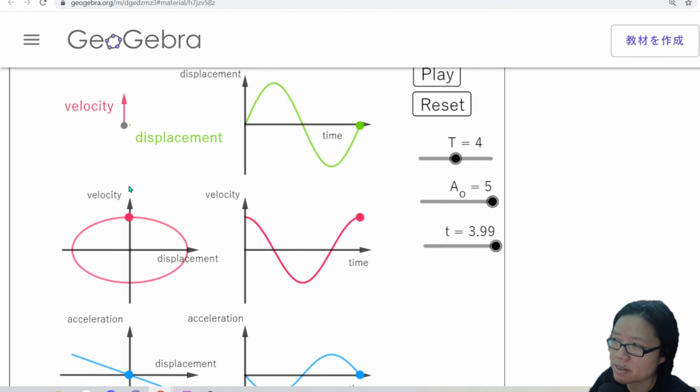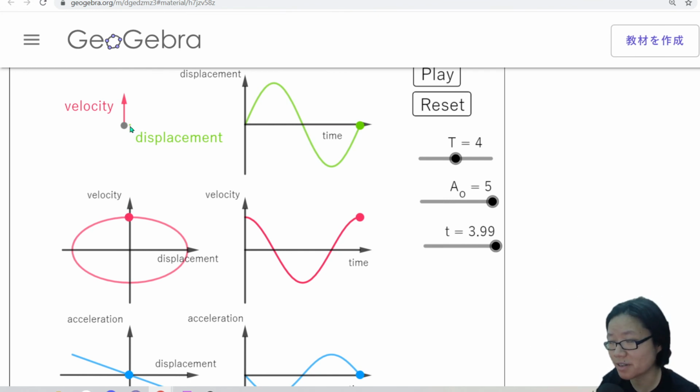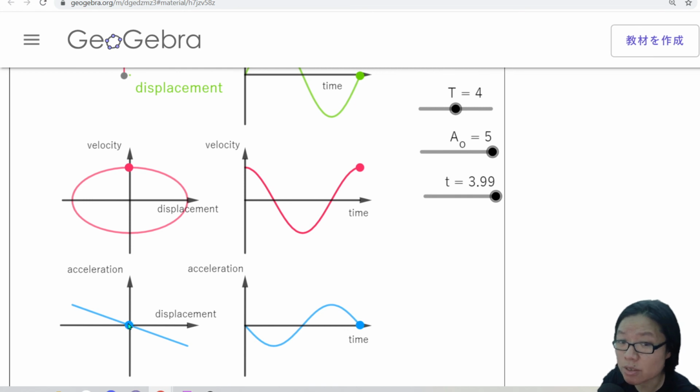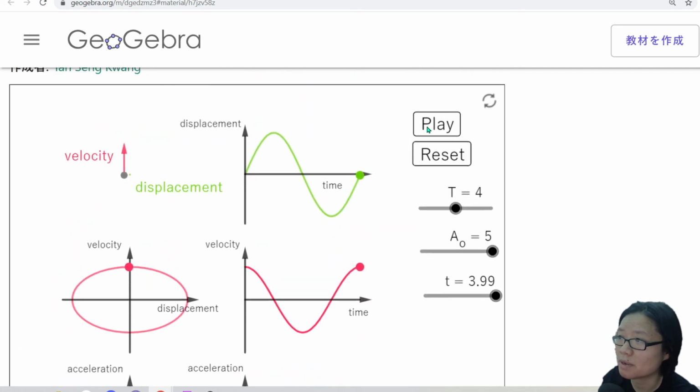Velocity is the fastest. Now, because it's on the way up, okay, this simple harmonic motion is up and down, not left and right, because it is on the way up, the velocity is positive. A is proportional to x, so the acceleration is 0. Kinetic energy is maximum, potential energy is 0. Pretty cool. Okay, let me continue.